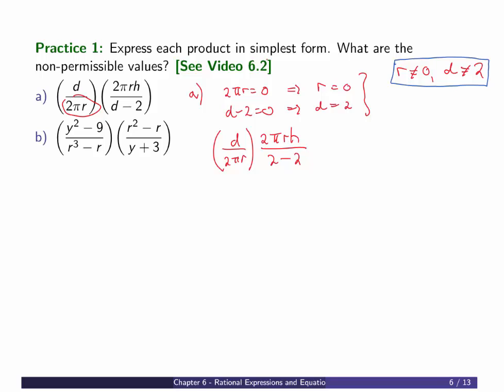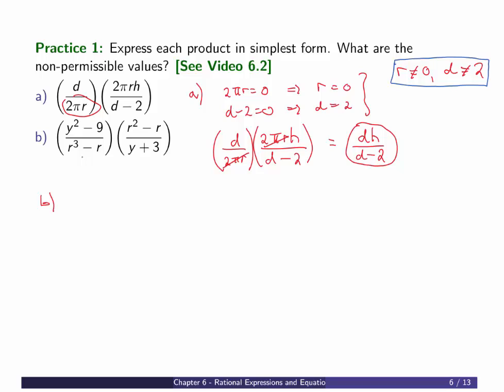Right away we can actually cancel 2 pi r, leaving you with d times h over d minus 2. That appears to be the simplified expression. Can't go further than that. For b, I mean, for b, we're going to treat these separately again.